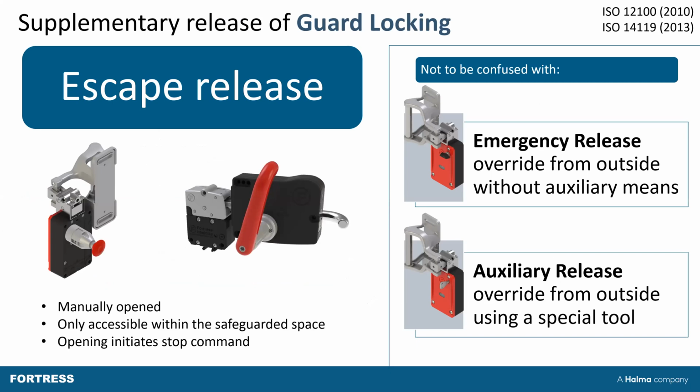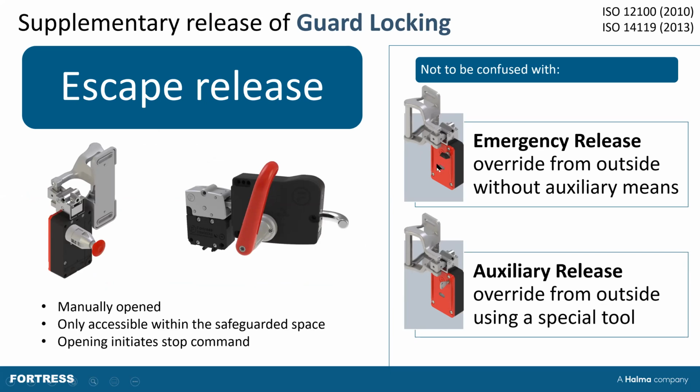Most common of that is going to be escape release. So if someone has managed to get trapped inside while it's locked, then you're going to want an escape release, which is usually a handle or a push pad, which allows you to exit and obviously initiates a stop command at that point as well. There's also emergency release, which is some kind of knob on the outside which allows you to override that guard locking.